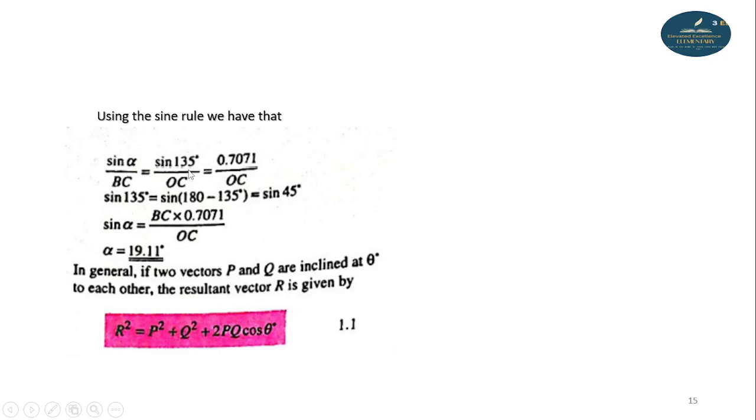Sine theta over BC is equal to sine 135 degrees over OC.